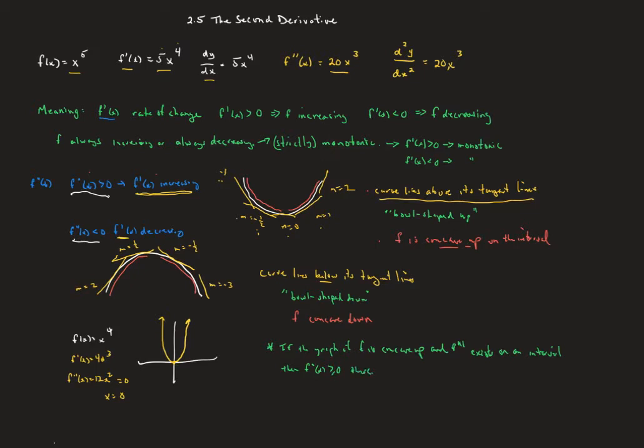So concave up, we're going to include just a point at 0 there, as long as it's only at a point and it's positive on either side. And in a similar fashion, then f double prime of x can be less than or equal to 0 when the original function is concave down. Okay, so let's get a new panel here. So let's try to explore this a little further.